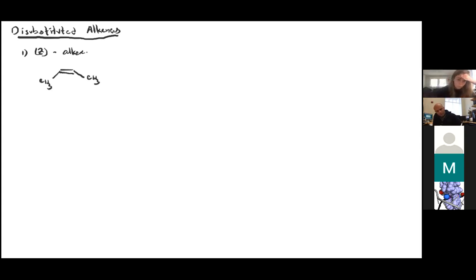Okay. And for the purposes of this chemistry, we'll draw it with the side representation. Okay. And we're going to add Br2 to it.